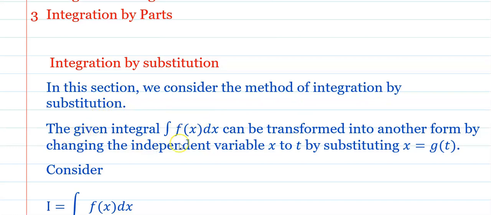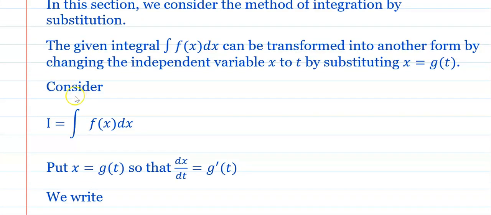The given integral, that is the integral of f(x) dx, can be transformed into another form by changing the independent variable x to t, by substituting x = g(t). Now consider the integral I = integral of f(x) dx.